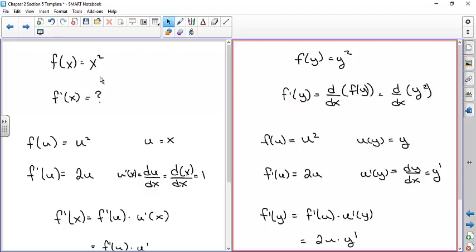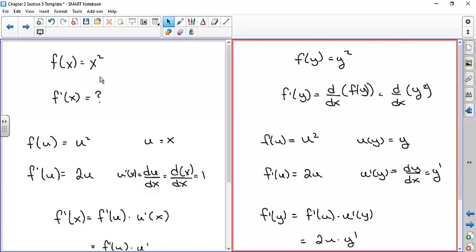And the variable that I'm taking the derivative with respect to is x. So the derivative of x with respect to x is 1. And when I plug it into the chain rule, I get 2x, which is what I normally get.